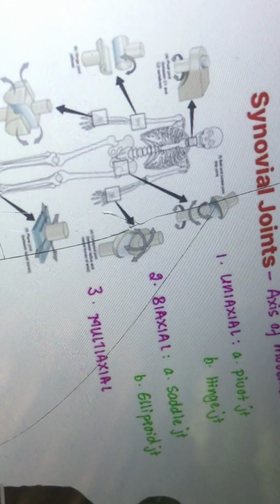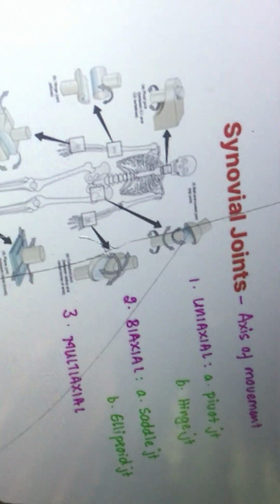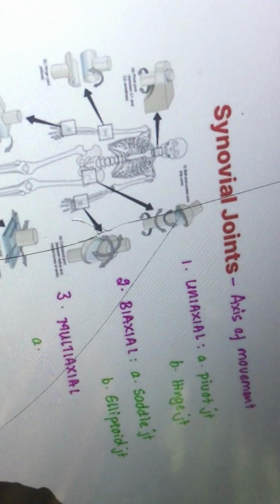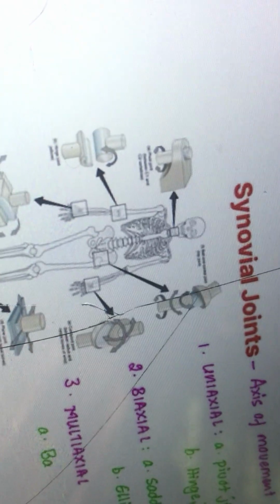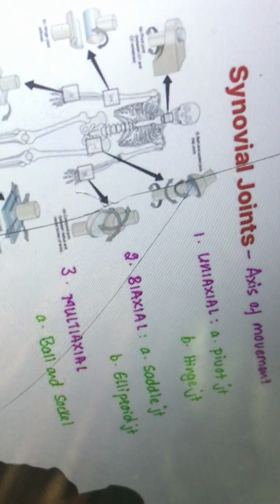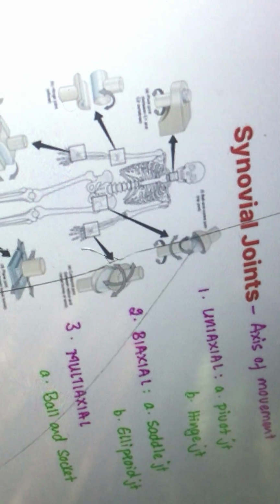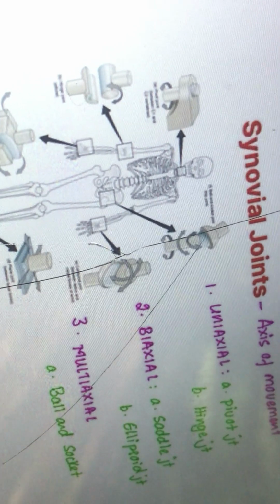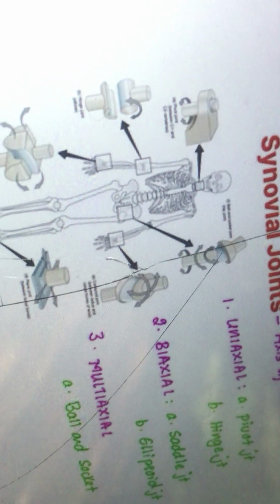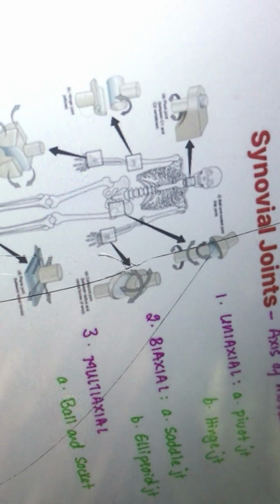What about multiaxial joints? Multiaxial joints, as the name suggests, movement can occur in multiple axes. Right? So what is the example for this? Remember, the best example for this is the ball and socket type of joint. So ball and socket type of joints are best examples for the multiaxial synovial joints. Right? So this is regarding classification of the synovial joints based on the axis of the movement.